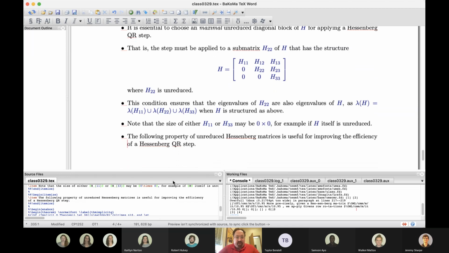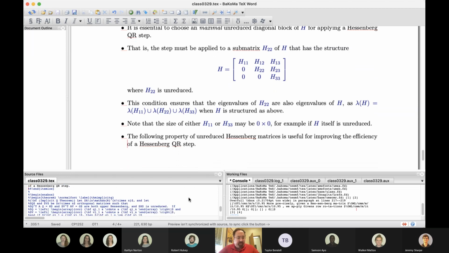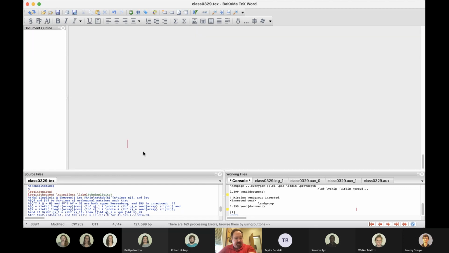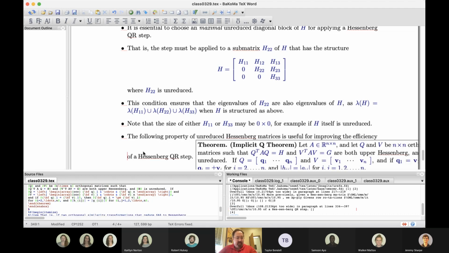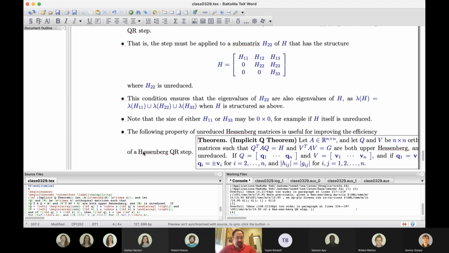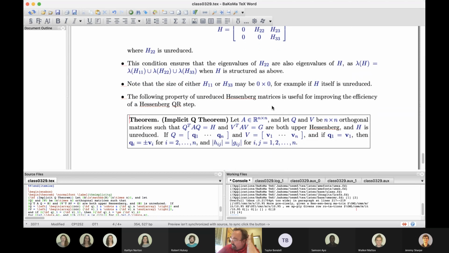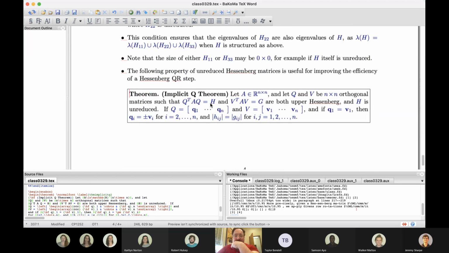Now, one property about unreduced Hessenberg matrices will turn out to be quite useful to us. It's called the Implicit Q Theorem, which sounds like something out of a James Bond movie. There's a lot to unpack here, but the idea is it's basically a uniqueness result for the Hessenberg reduction.